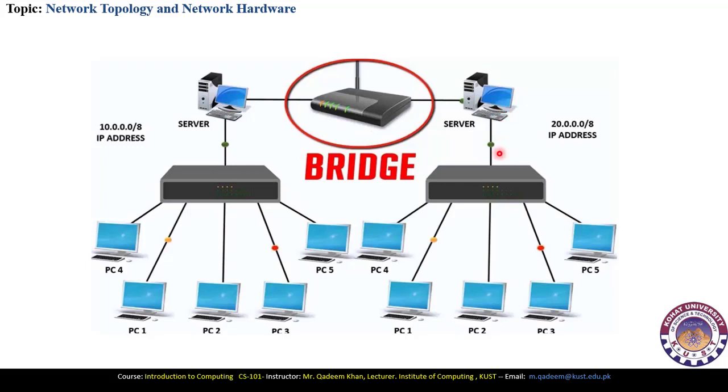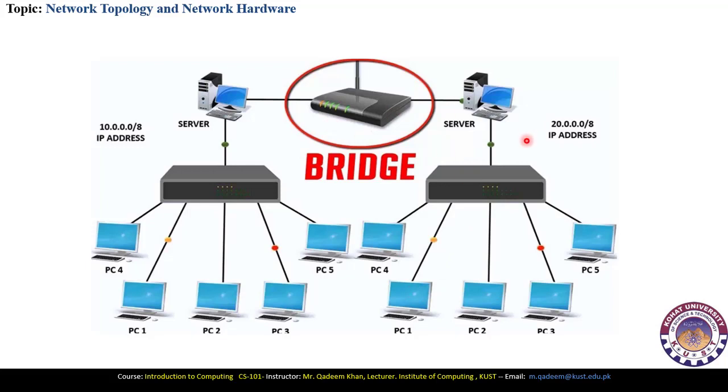This server transfers data to and receives data from any node or client. Then the data is transferred to the server, and the server transfers data to the bridge, and the bridge transfers data to another server, and then that server transfers this data to the hub or switch, and the hub or switch will send data to the multiple PCs.